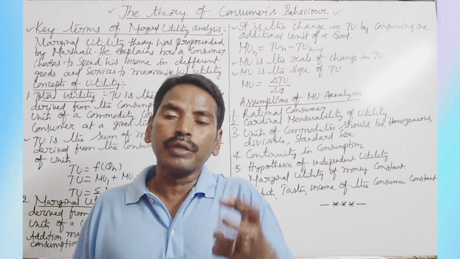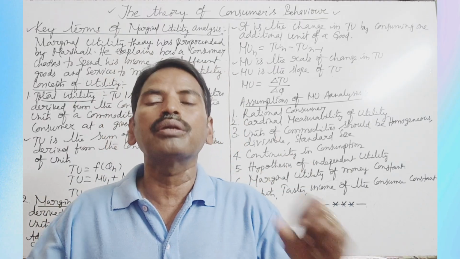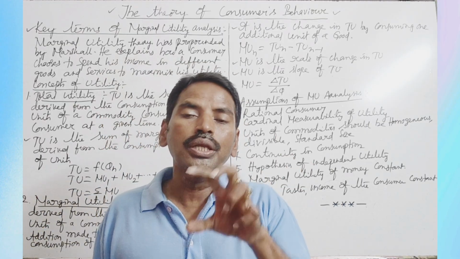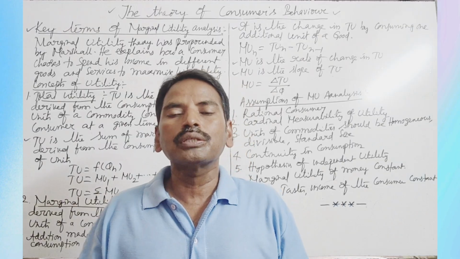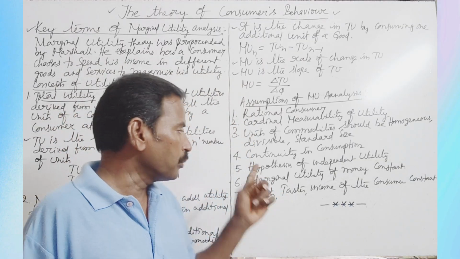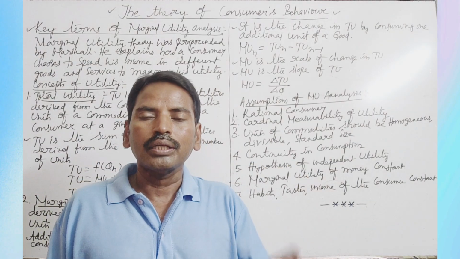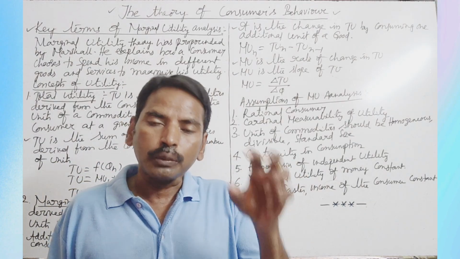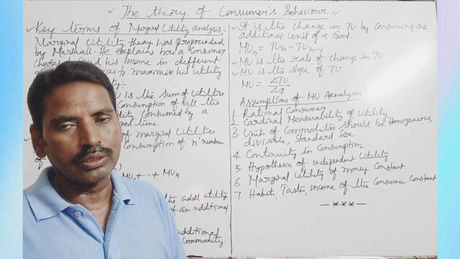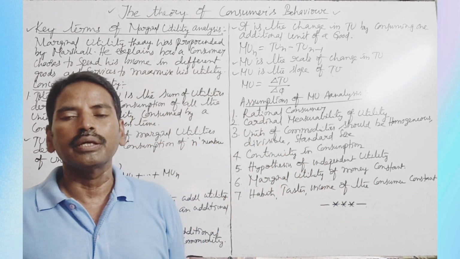The utility of a commodity depends upon the quantity of that commodity only. The shape of the utility curve may be affected by the presence and absence of substitutes and complements, so we assume independent utility.